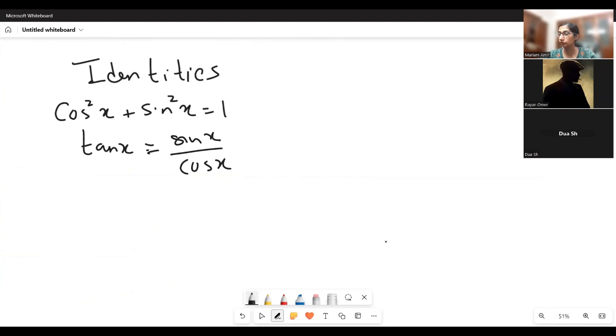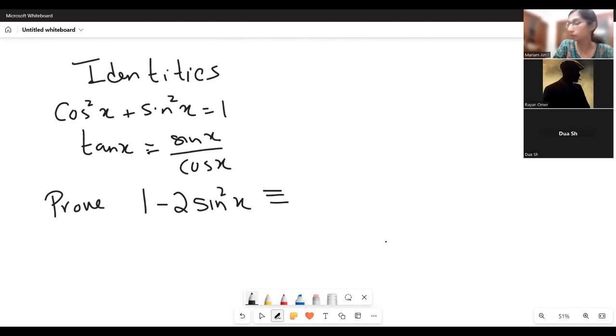All right. Now let's use these to prove a few identities. First one, oops, I missed something. Let's do it in the window, I hope I remember. Okay. Let's prove an identity which is 1 minus 2 sine square x is identical to 2 cos square x minus 1.